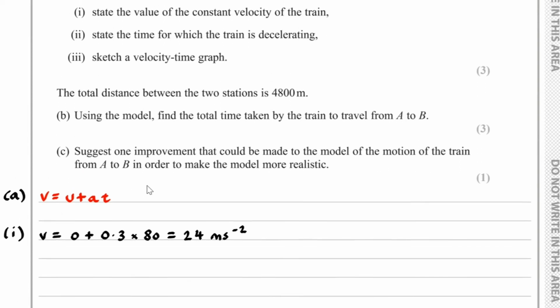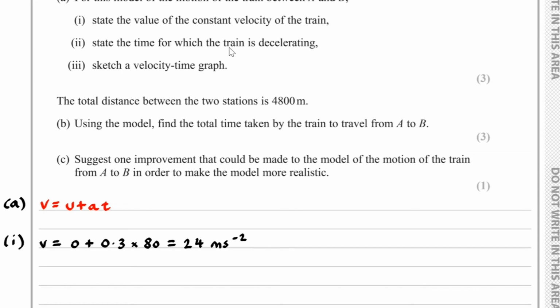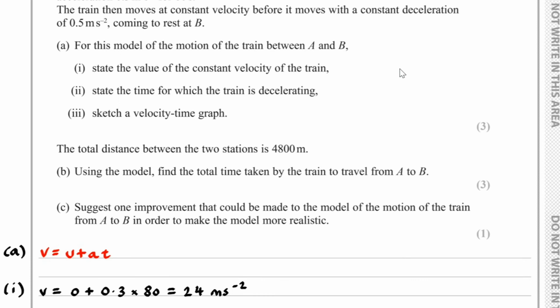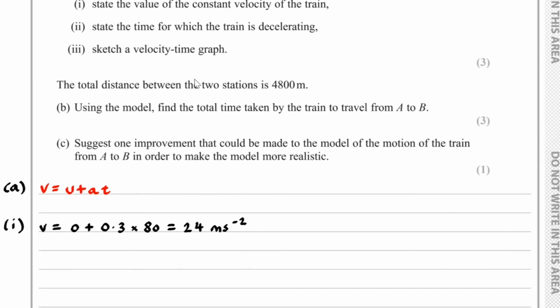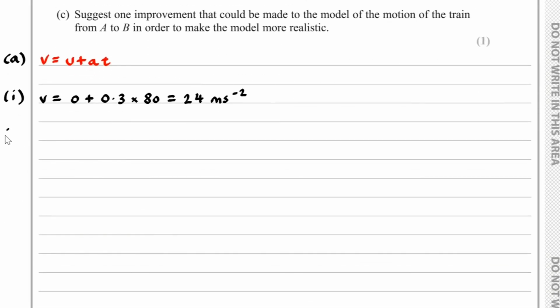And then for the next part, we have to state the time for which the train is decelerating. Well, it comes to rest at the point B, so this time v is equal to 0, so we have 0 equals 24.